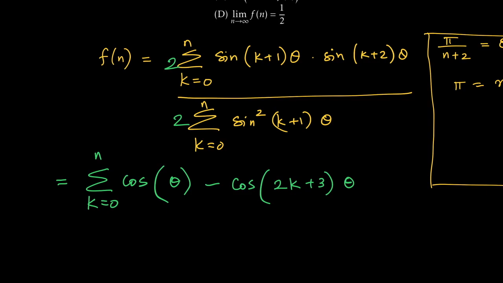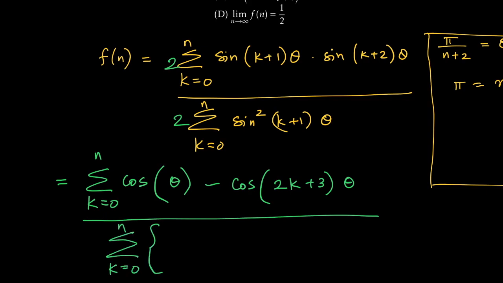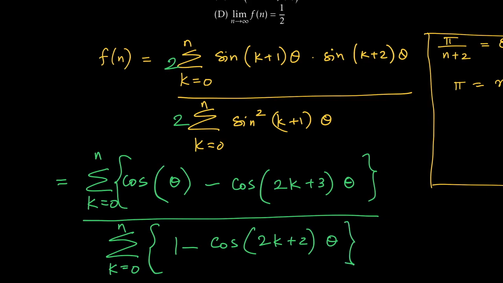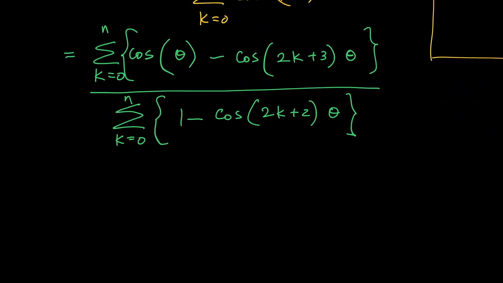divided by sigma k is equal to 0 to n of 1 minus cos of 2k plus 2 times theta. So you distribute sigma.